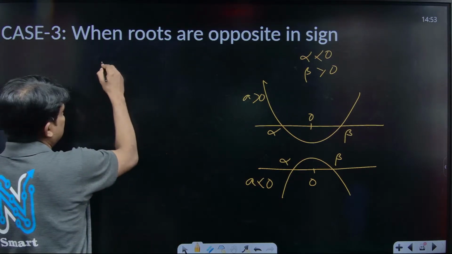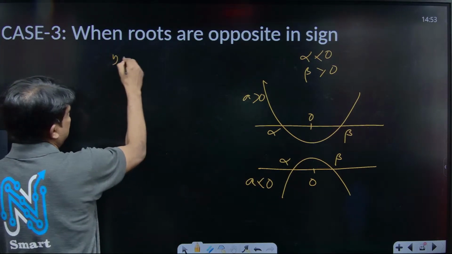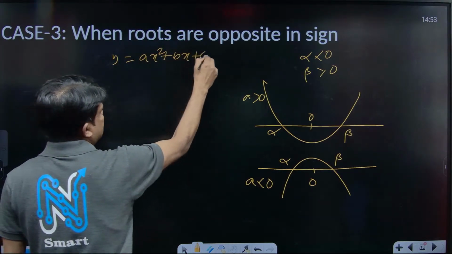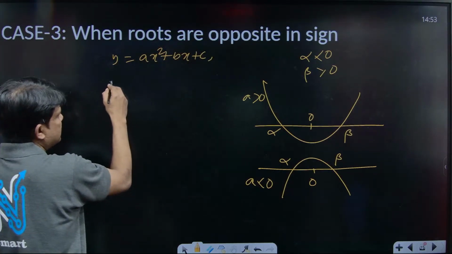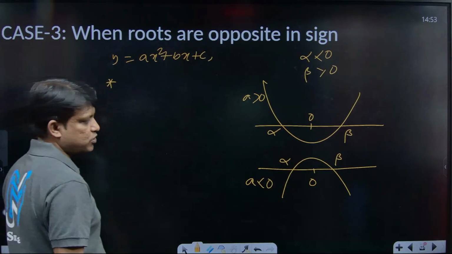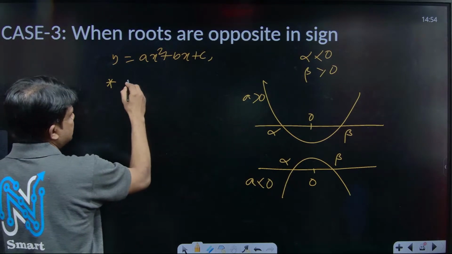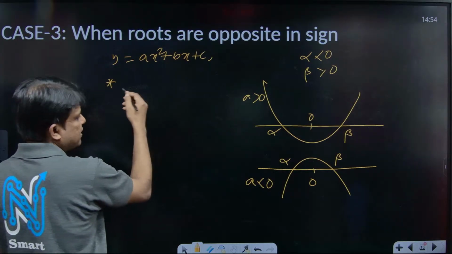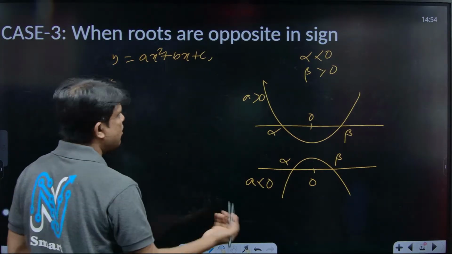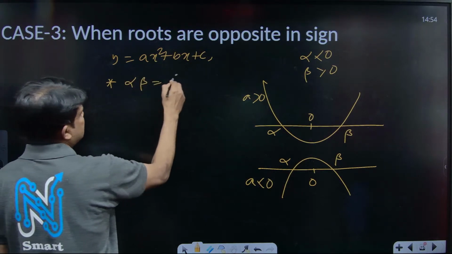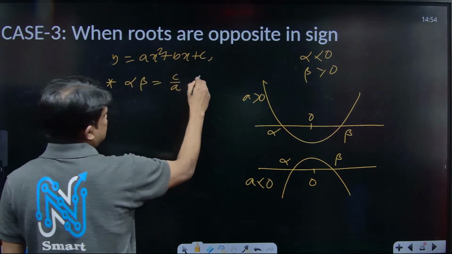That means for the quadratic expression y equal to ax square plus bx plus c, both roots being opposite in sign means one positive root and one negative root. We only have to discuss the product of roots, c by a, which means a and c are opposite in sign. The product of roots, alpha into beta, is c by a, and this is negative.